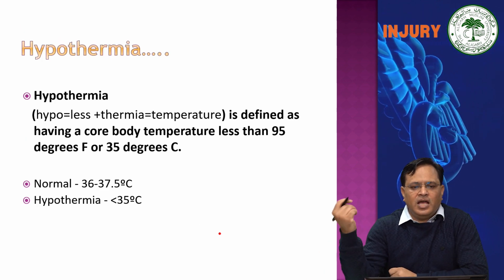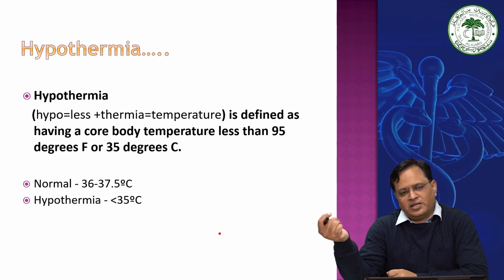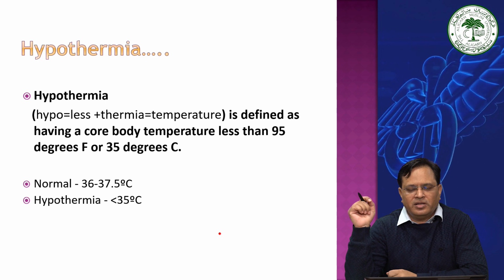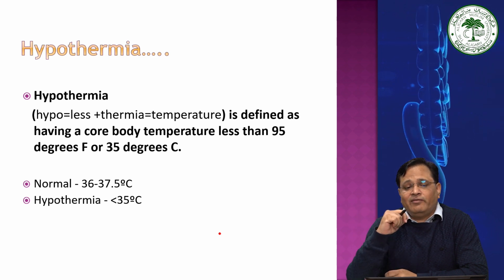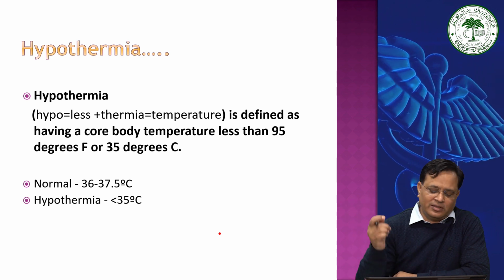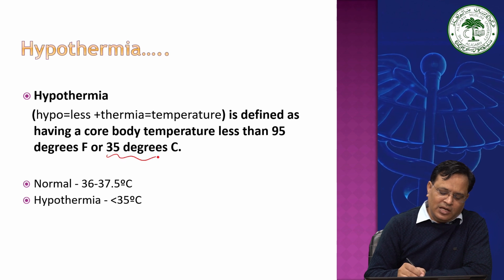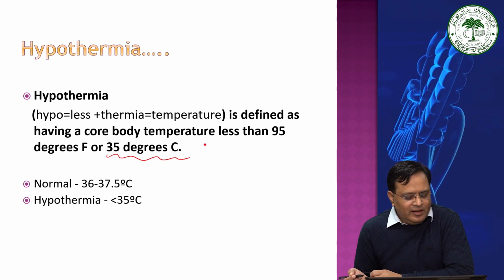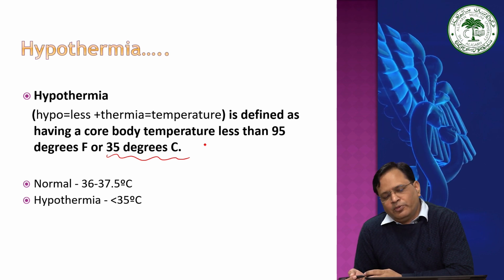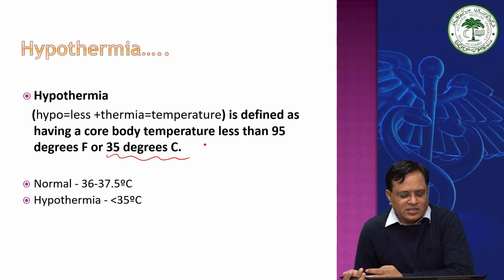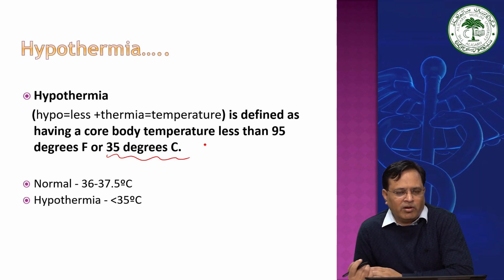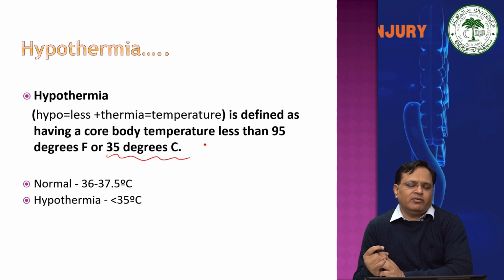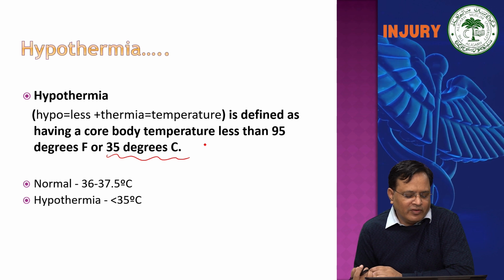Hypothermia is basically hypo, meaning less, plus thermia. It is defined as having a core body temperature of less than 35 degrees Celsius. Normal is 36 to 37.5 degrees Celsius, and hypothermia is anything less than 35 degrees Celsius.